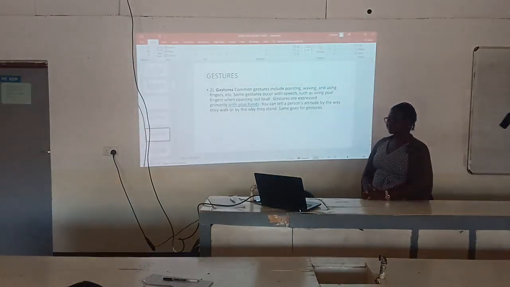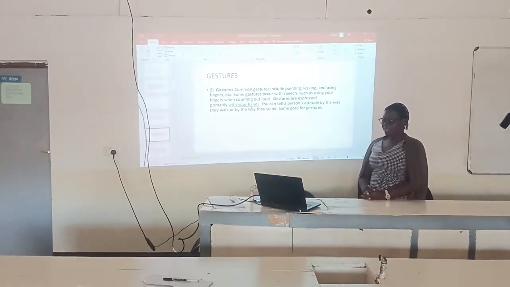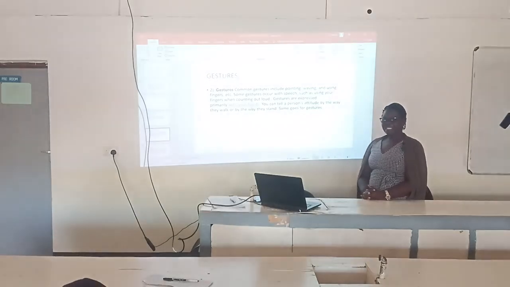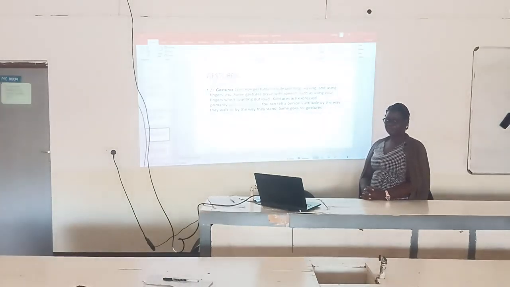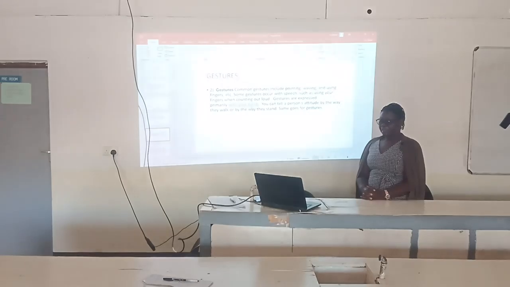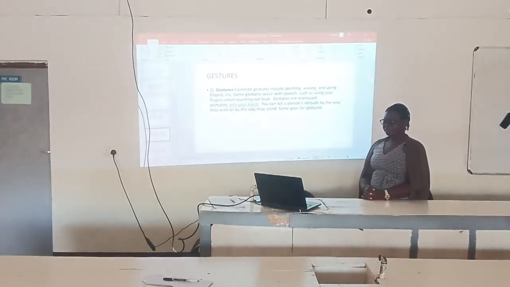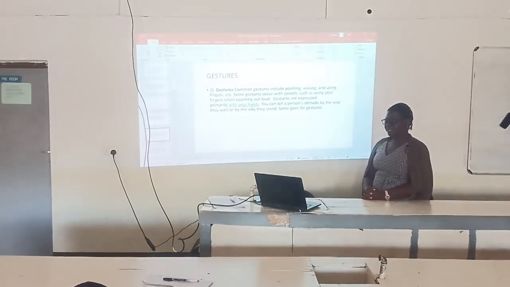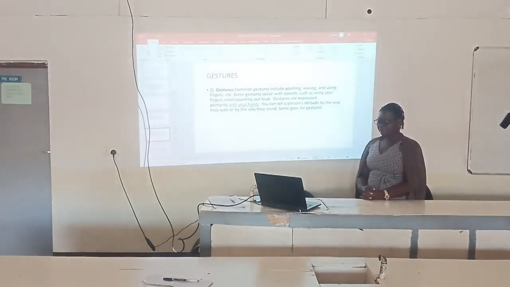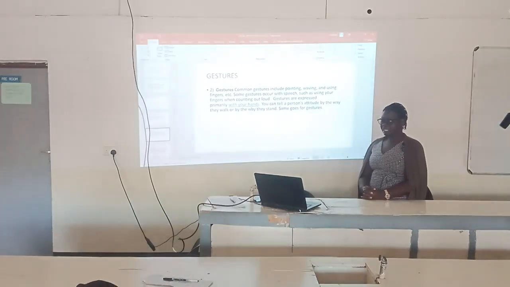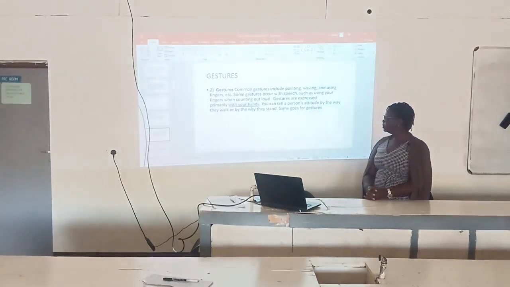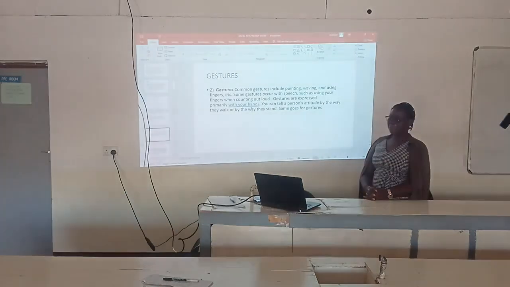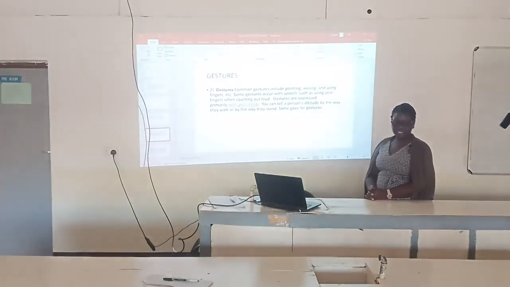On gesture, primarily the gesture itself involves the use of hands. The pointing itself, waving, and sometimes we may point at an individual, also maybe accompanied with some sounds.